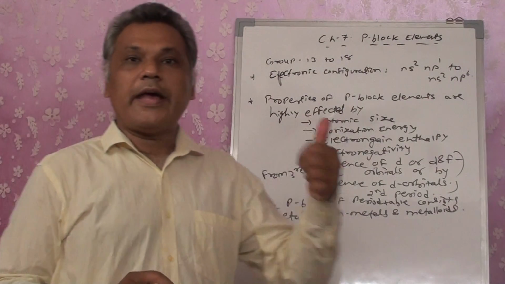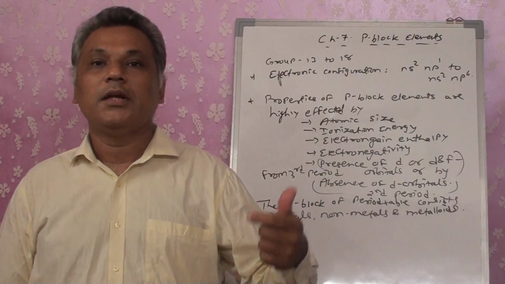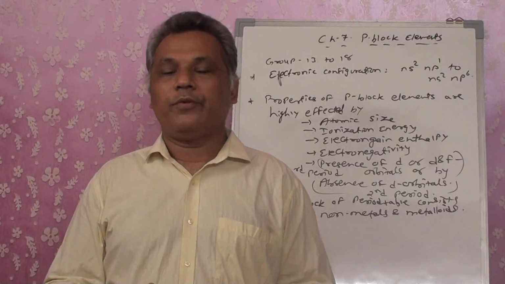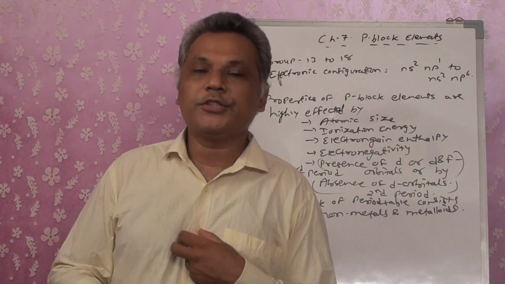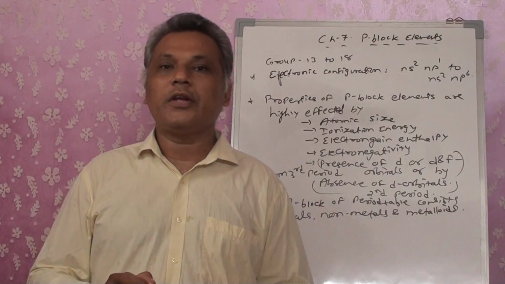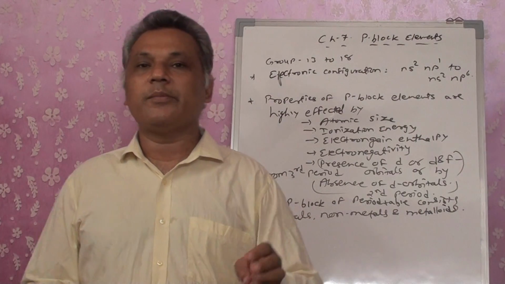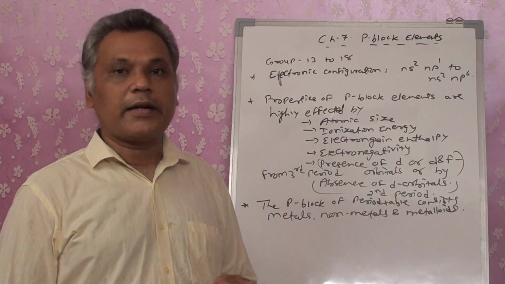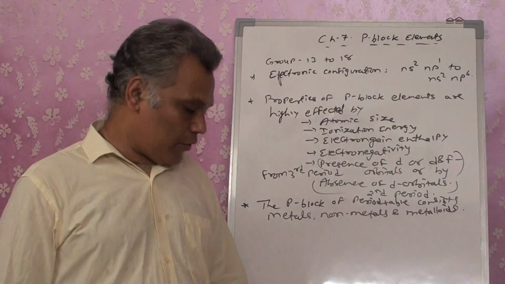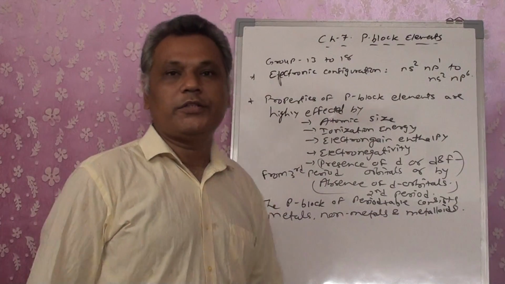When we talk about the s block, it consists of only metals, alkali metals and alkaline earth metals. When we talk about d or f, they are transition metals or inner transition metals. Only the P block of the periodic table is such a block where you can find metals, non-metals and metalloids, all three characteristics in the P block.